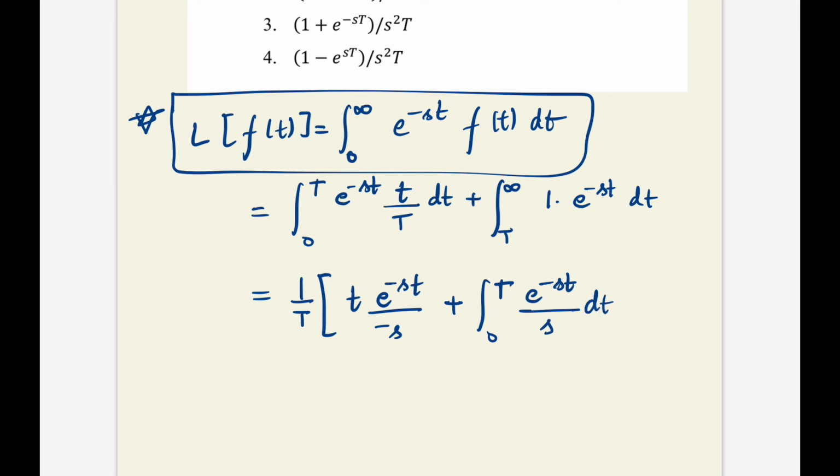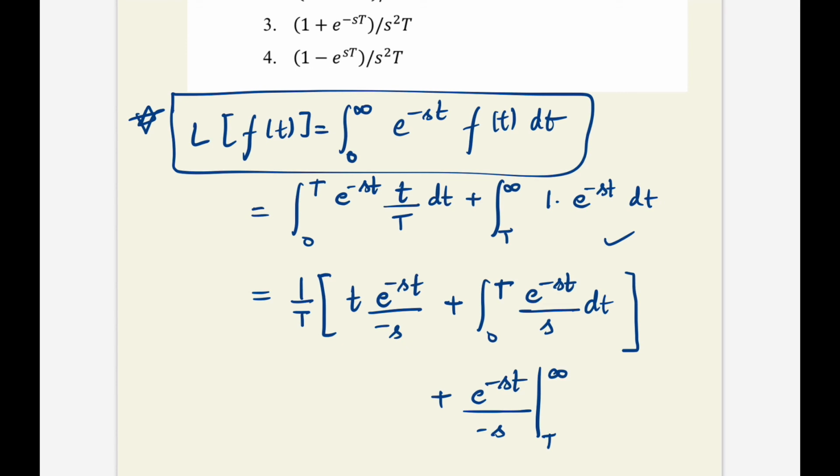We don't need to put the limits right now. Now for the second integral, it will be e to the power minus st over minus s from T to infinity.